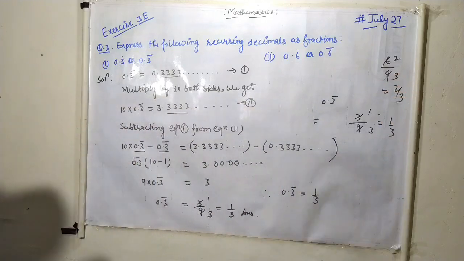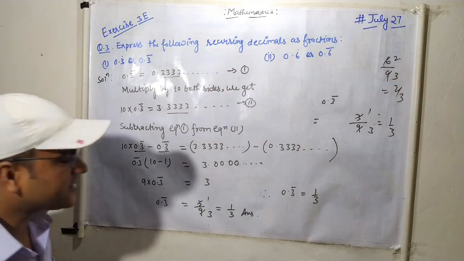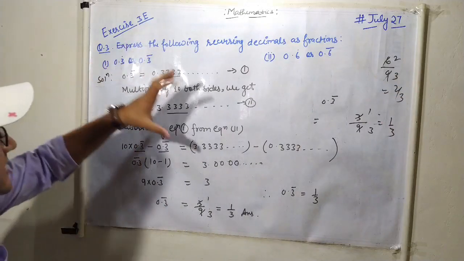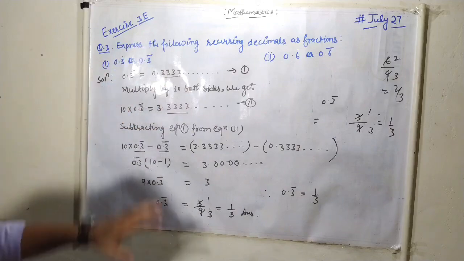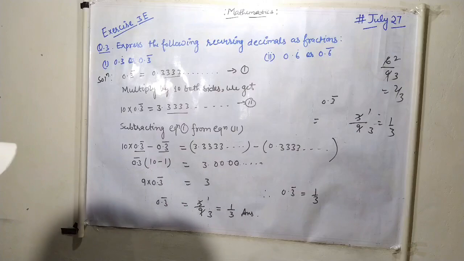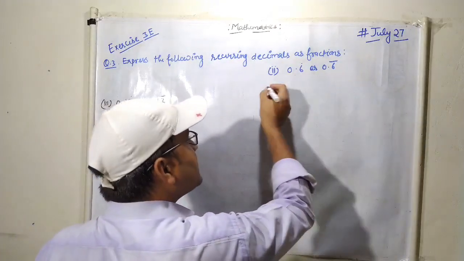But if it is asked in your standard, you can do it this way, or you can suppose this quantity as x and then do it. So question number 2, I will solve using the concept of supposing this as x.